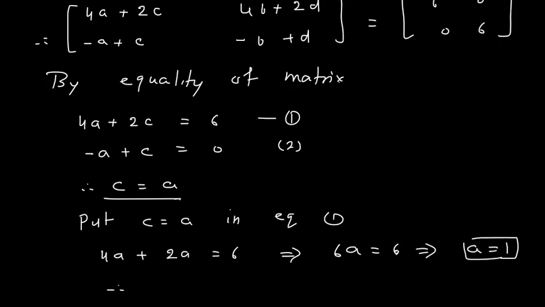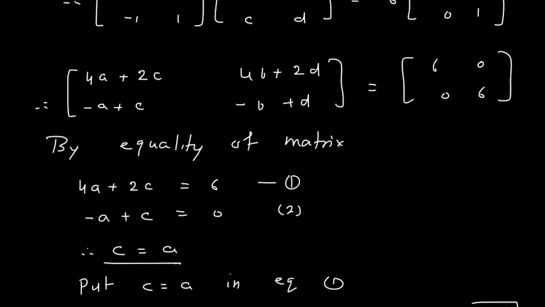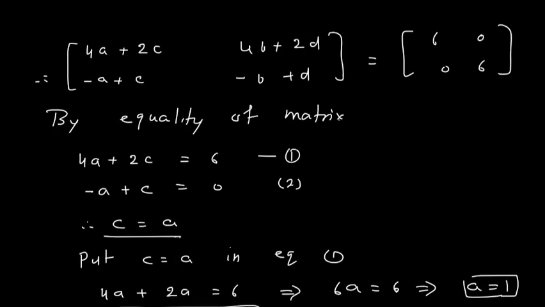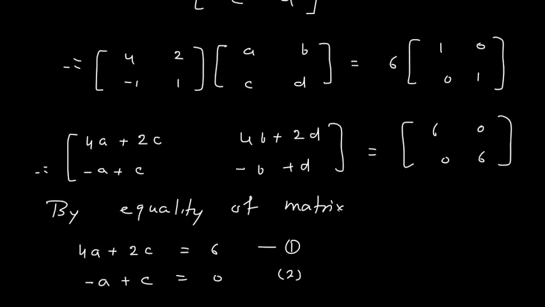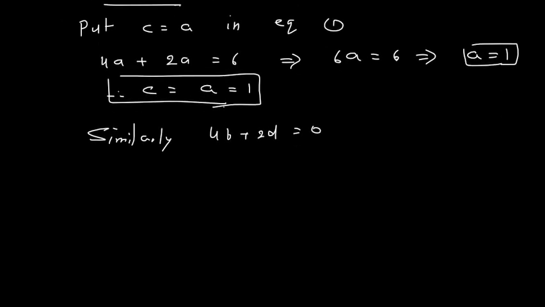Similarly, we have 4b plus 2d is equal to 0, this is equation 3, and minus b plus d is equal to 6, this is equation number 4.